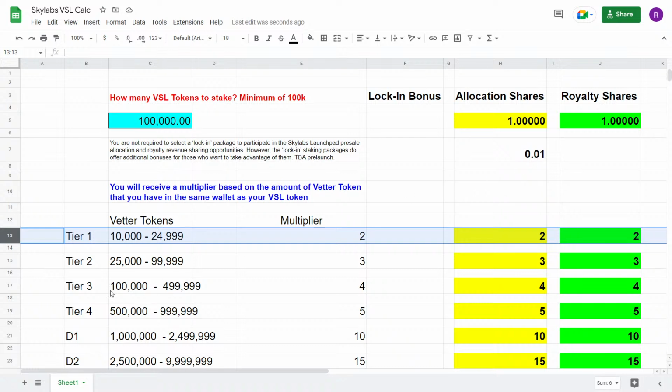But if you were to be a diamond 2, you get a 15x multiplier. And you'd be able to multiply your 0.01 by 15, which is 0.15. That's how the multiplier works.